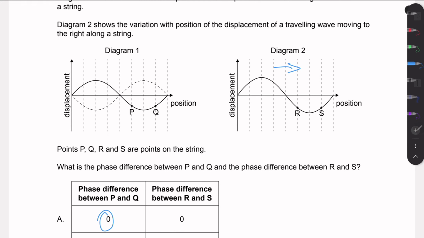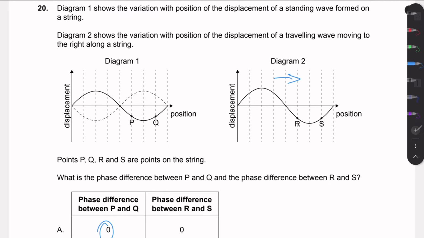And for R and S, this is going to be a little bit more tricky to see. But if the wave is traveling to the right, that means if we draw the next instant of time, it's going to look something like this, as the wave has shifted over to the right. And we know here as well, particles only move on vertical lines. These particles only move up and down. It's in longitudinal waves where the particles move to the left and to the right. Here, they only move up and down.